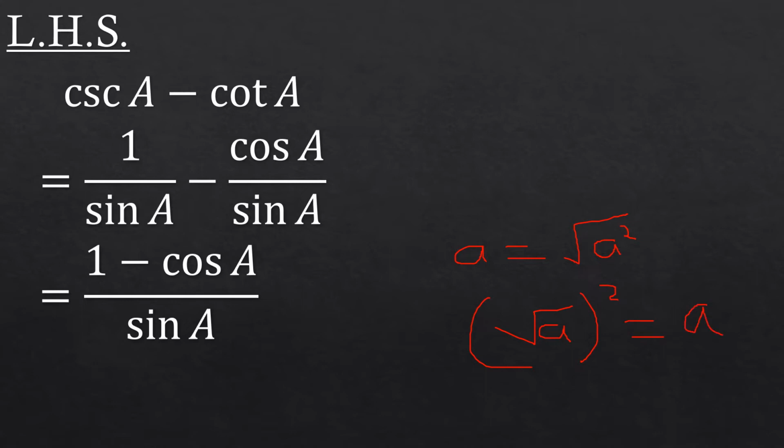Are you understanding it? So what is the concept here? If I square the square root of A, I will get A, and if I take the square root of A square, I will also get A. So I will put this concept here in order to apply some trigonometric formulas.